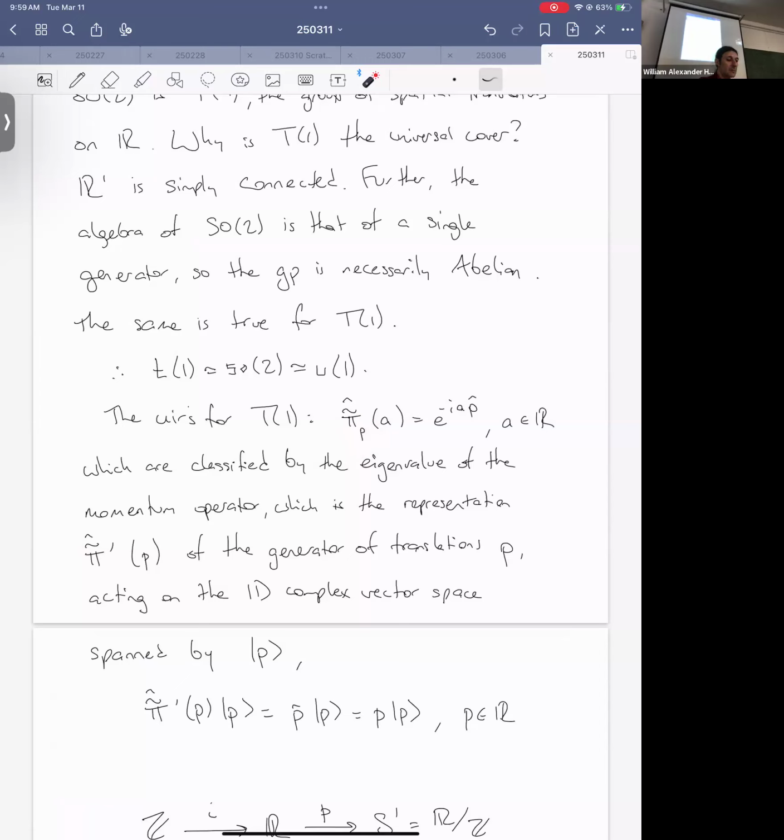So I would say, think back to SO3. There all of your unitary irreducible representations of the rotation group SO3 are classified by all the ordinary representations of SU2, and those themselves are classified by the spin S, which is 0, 1/2, 1, 3/2, and so forth.